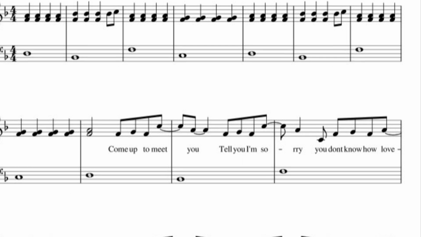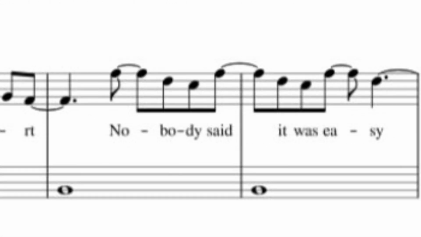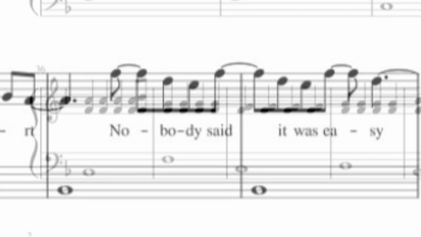And on second page, second melody appears. This melody repeats 2 times. Then, last part, you listen to the same melody as introduction.